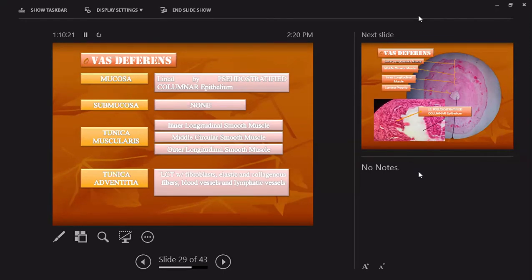You have middle circular smooth muscle, outer longitudinal smooth muscle. And then you have your tunica adventitia, the fourth layer, you have loose, okay, connective tissue with fibroblasts, elastic and collagenous fibers, blood vessels, and lymphatic vessels, similar to other tunica adventitia. Okay, so please understand this.